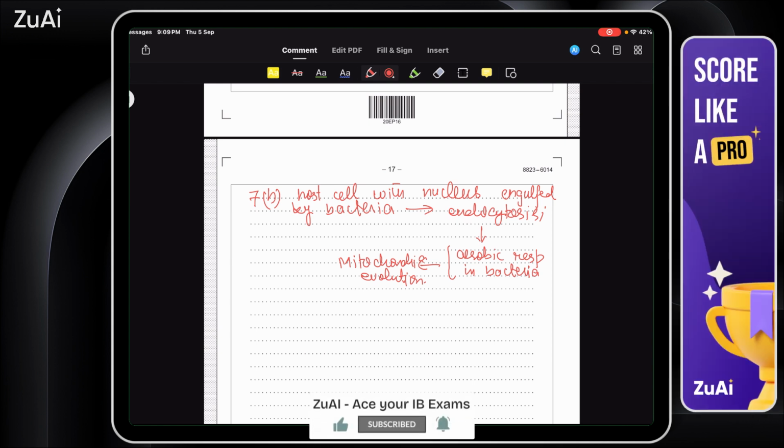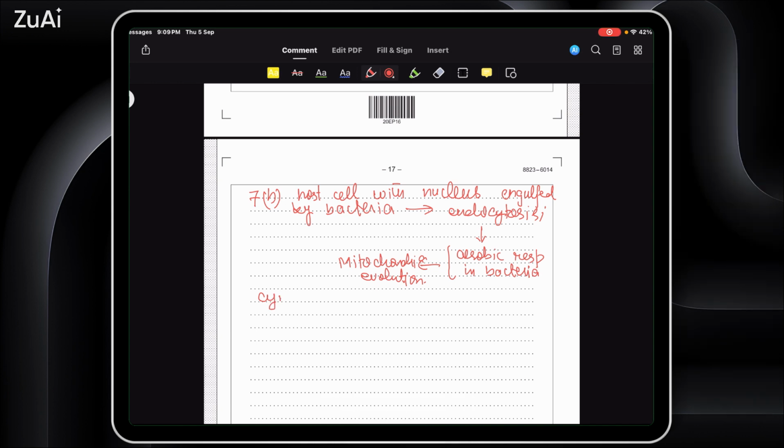and then in the same way, there is a bacteria which is called cyanobacteria. So cyanobacteria, they are photosynthetic. They turn into chloroplast.